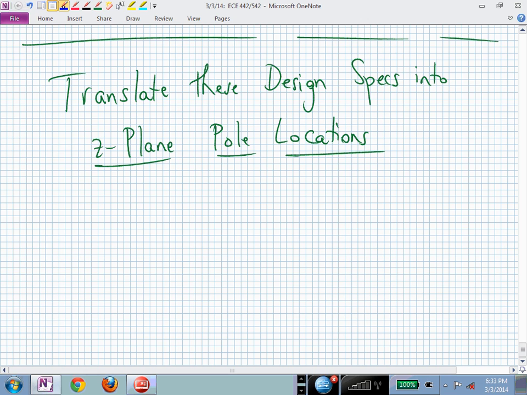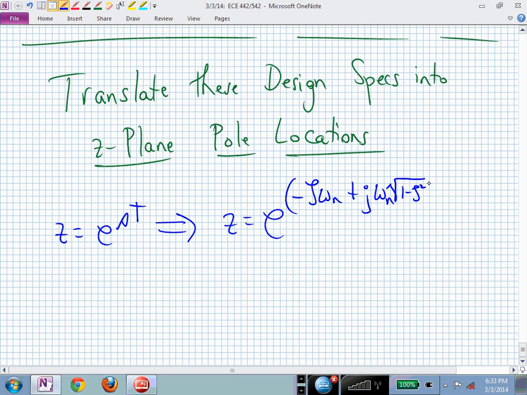What we are going to use is our friend, z is equal to e to the st. But s we can parameterize many different ways. One that we will use a lot is minus zeta omega sub n, that's the minus sigma, plus j omega sub n square root of 1 minus zeta squared, all times t.